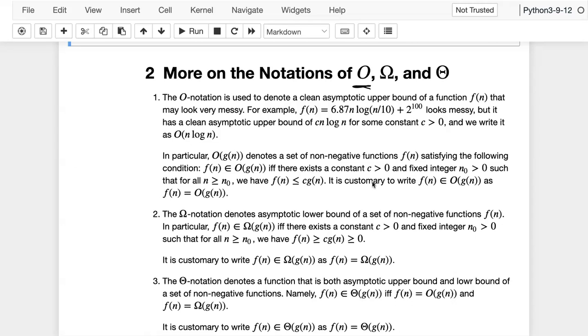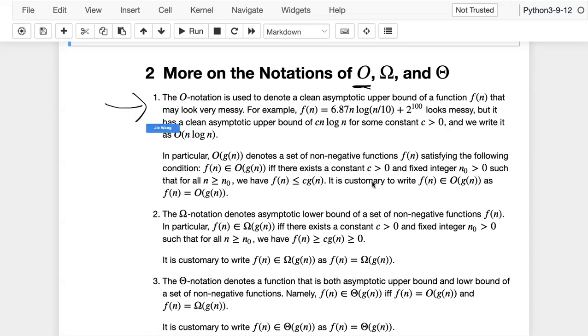So that makes it clean. And this is in particular very useful to compare the asymptotic orders of two functions by only looking at the term of the highest degree.